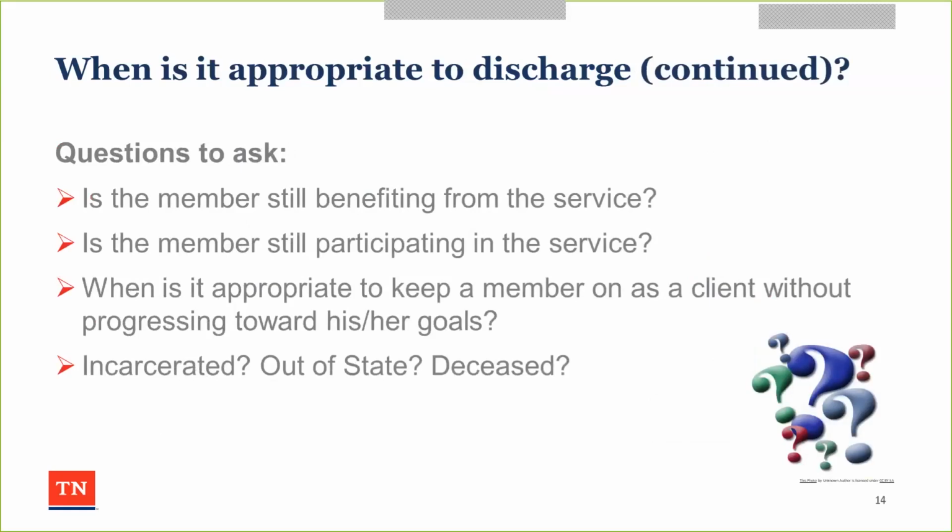Or is this a situation where the provider has begun doing all of the work and the member is merely benefiting but is not actually participating? In that case, does the treatment plan and the functional need need to be reassessed, really working to activate the member in the service rather than engaging the member in the service? There is a question about when it is appropriate to keep the member on as a client, and things of that nature. So we're going to go into this in a little bit greater detail over these next slides.